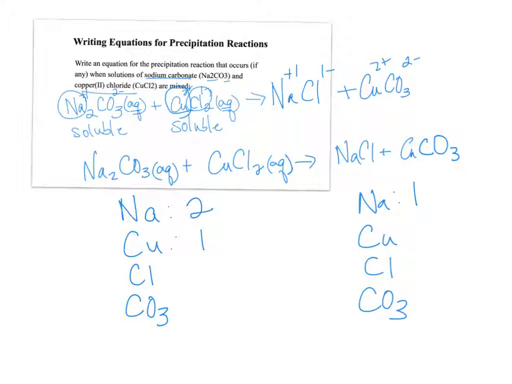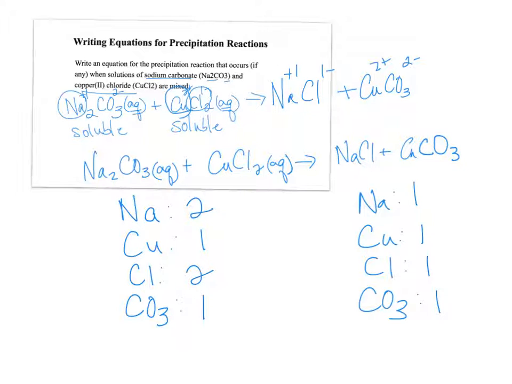I have 1 copper on the reactant side, 1 copper on the product side. I have 2 chlorines on the reactant side, and I have 1 chlorine on the product side. And then for my carbonate, I have 1 on my reactant side, and I have also 1 on my product side.